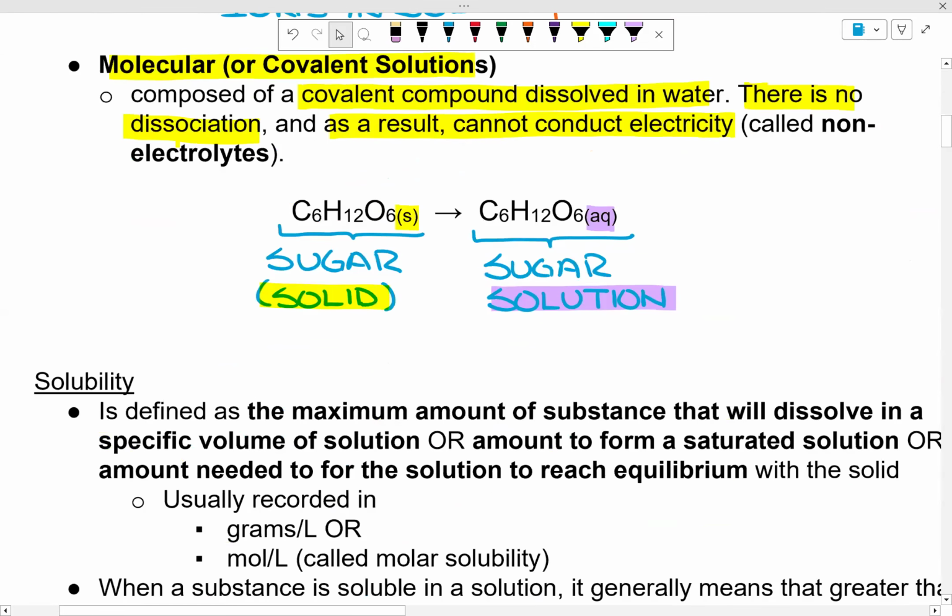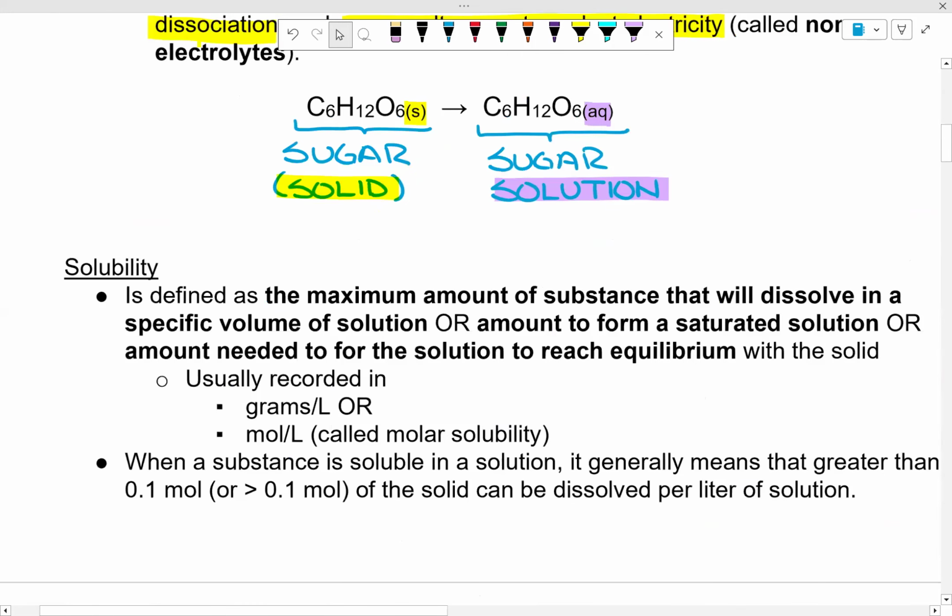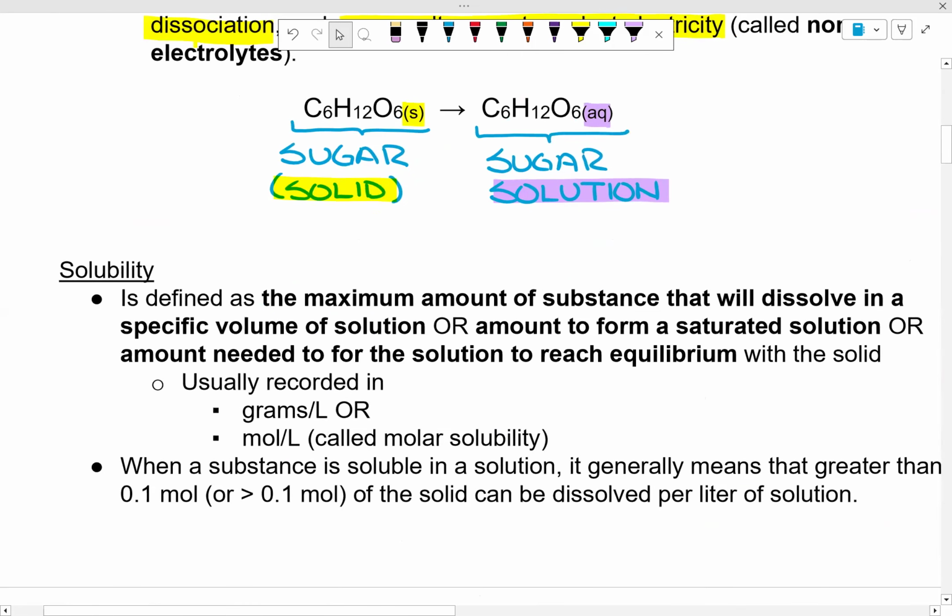Now, when we talk about solids dissolving, there is one term that I would like you to be aware of, and that is solubility. Solubility is the maximum amount of substance that will dissolve in a specific volume of solution, or the amount to form a saturated solution, or the amount needed for the solution to reach equilibrium with the solid.